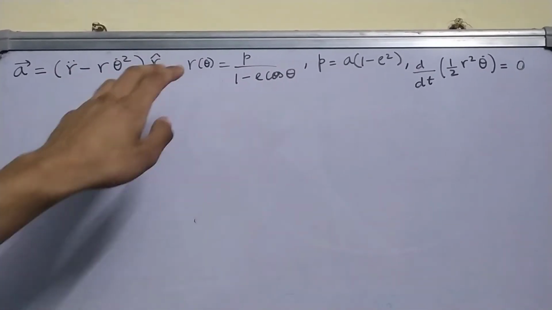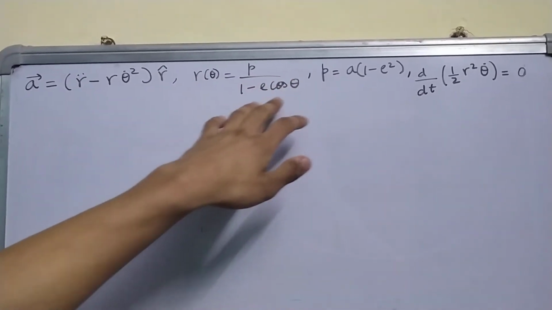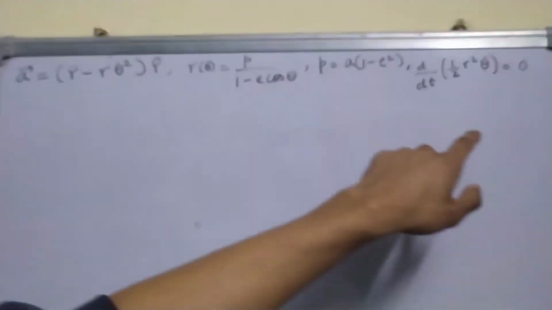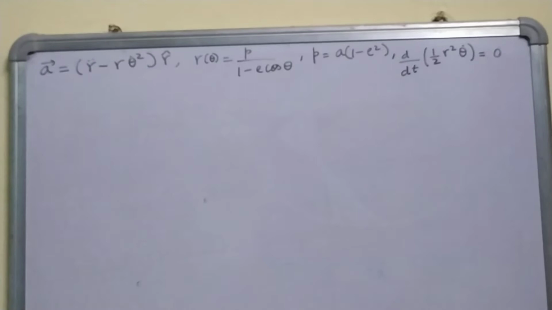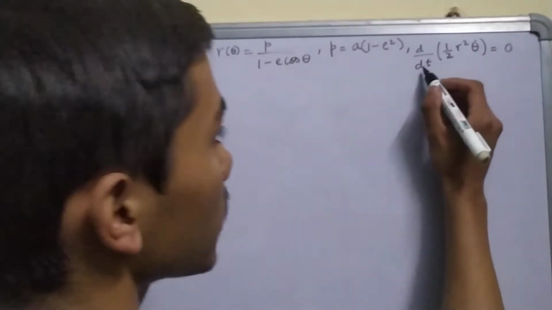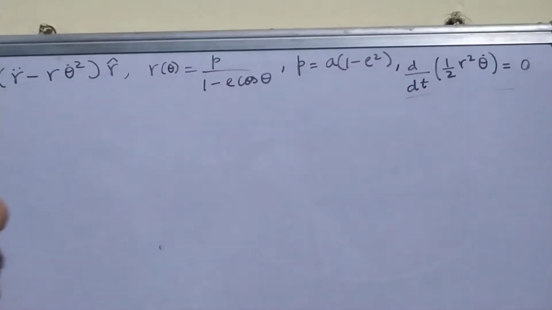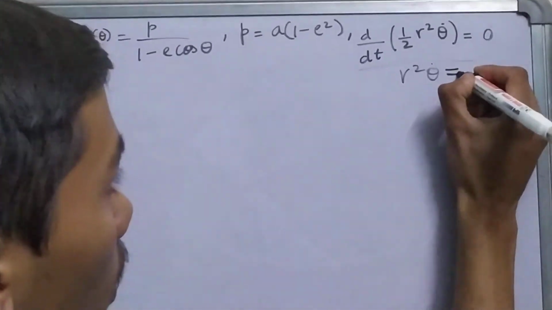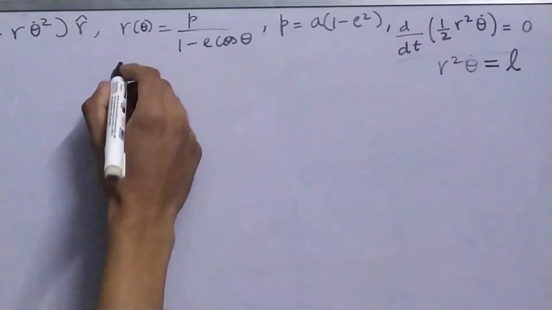Your r as a function of theta is p upon 1 minus e cos theta, where p is a times 1 minus e square, and your aerial velocity is constant, so d by dt of 1 by 2 r square theta dot is equal to 0. In this equation 1 by 2 is also constant, which means r square theta dot should also be a constant. Let me call this constant L, small l.